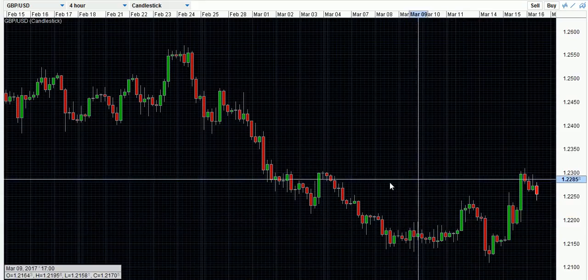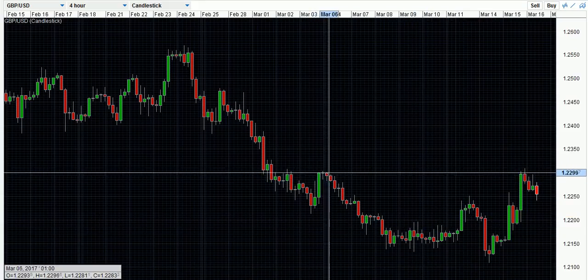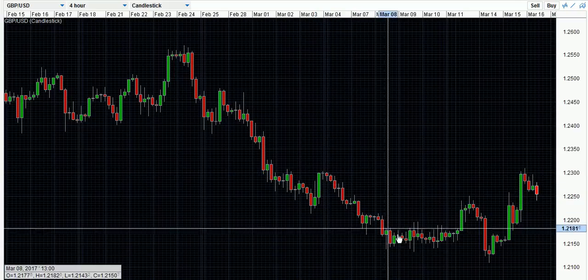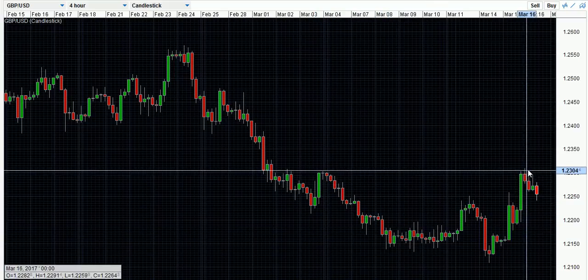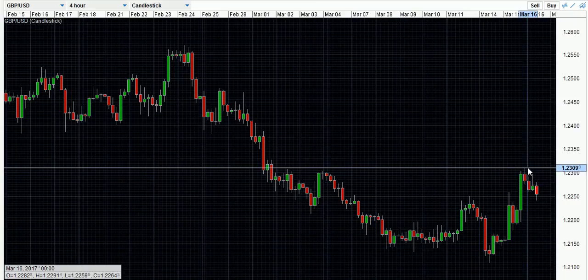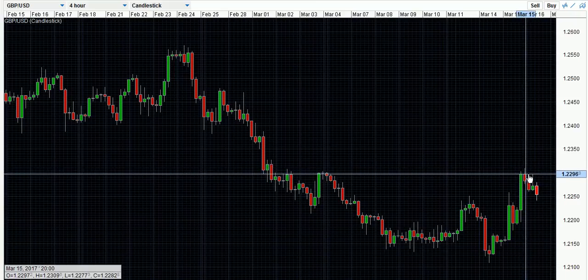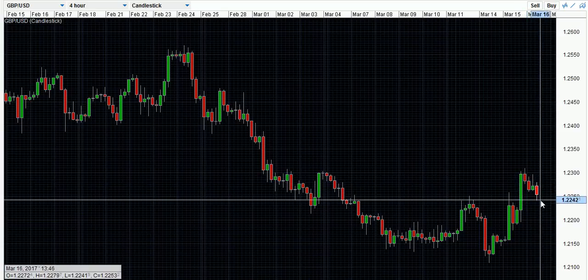We'll have a look at cable, GBPUSD. Again, it played this zone beautifully. That candle there, this price area here, contained a hell of a lot of sell orders based on this move down here. So when we came up and tested, yes, we did peak up just above it, but obviously a lot of sell orders or short orders took price back down to these levels here.